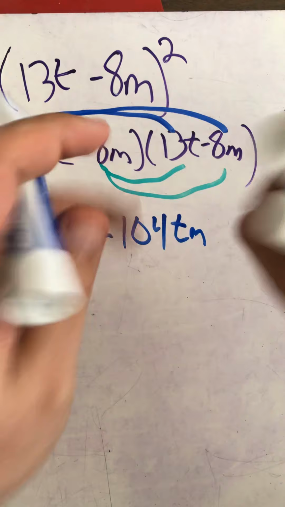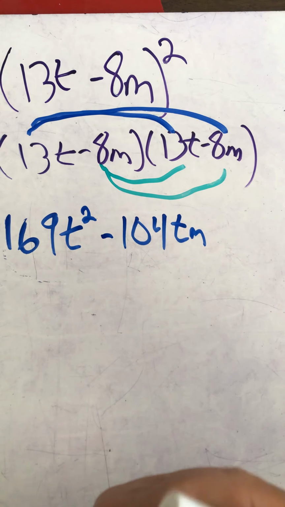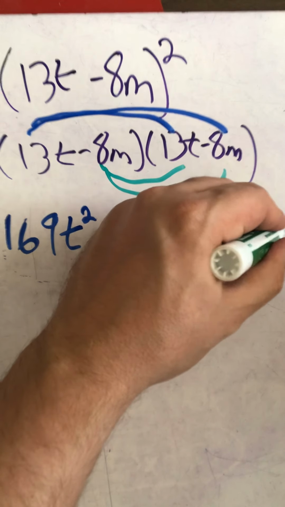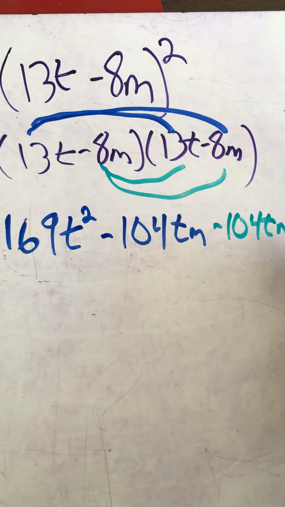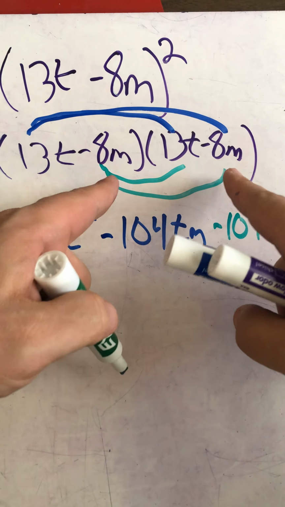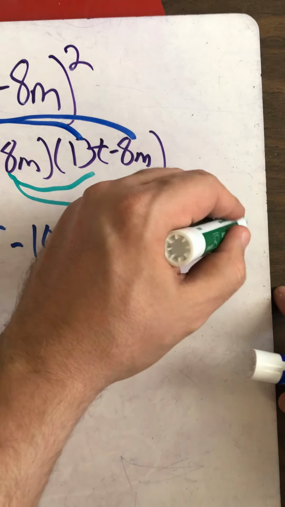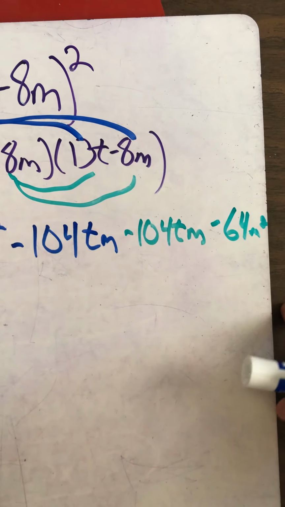Okay, same thing we just did. So I have minus 104tm. And last, but most certainly not least, negative 8m times negative 8m is minus 64m squared.